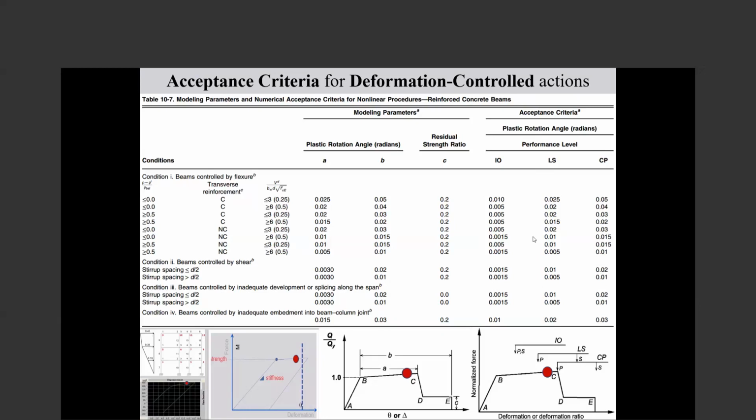But in general, the good point about these tables is that they provide you those information for the sections that you want.